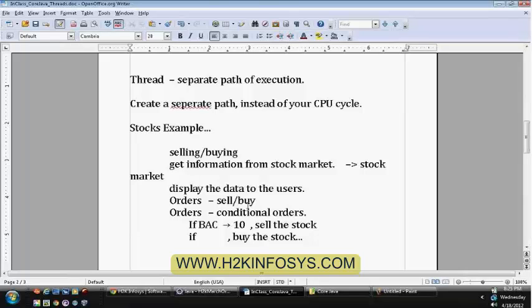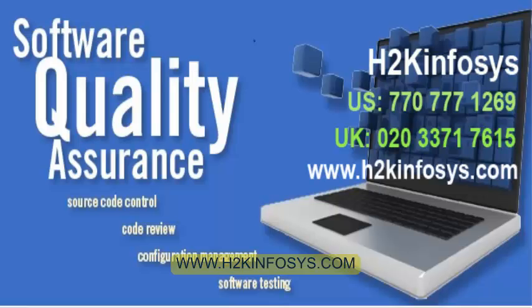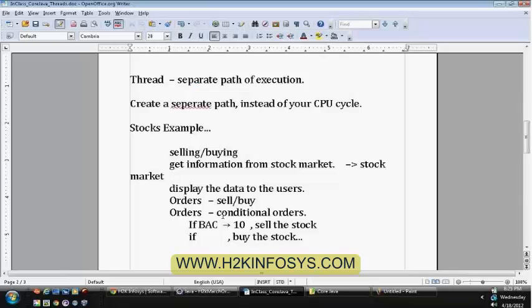So here, normally, they will create multiple threads, nothing but separate paths of execution, and they will collaborate and communicate between the two threads and identify whenever the value of BAC has reached 10. When it has retrieved the BAC value as 10, it will immediately inform this particular thread, hey, I got the BAC value as 10.